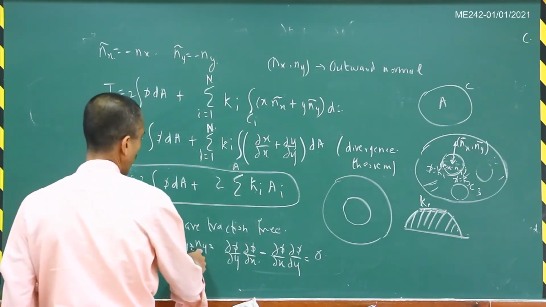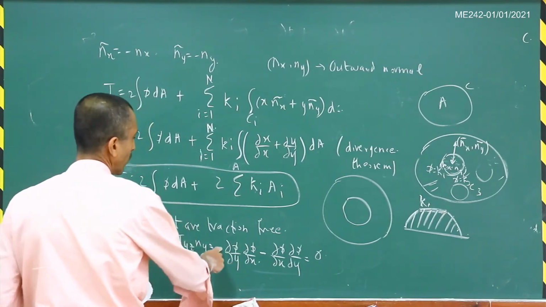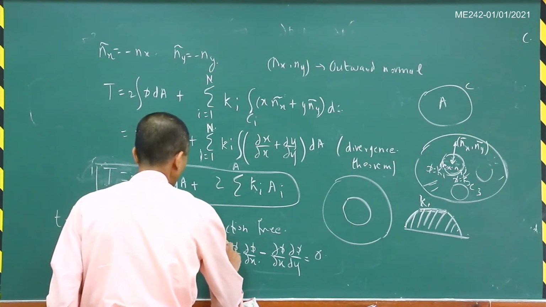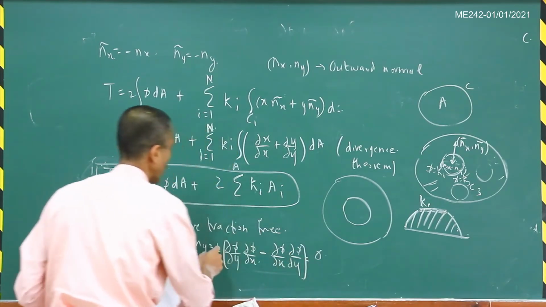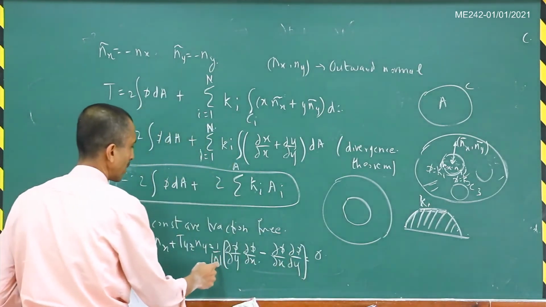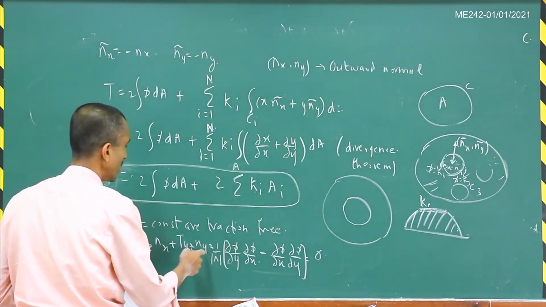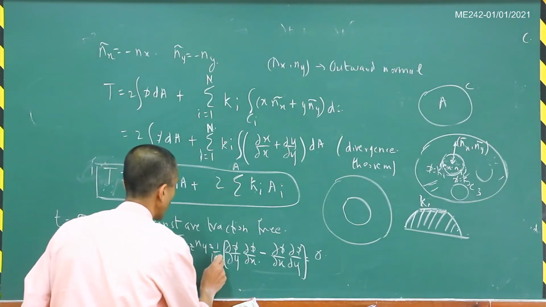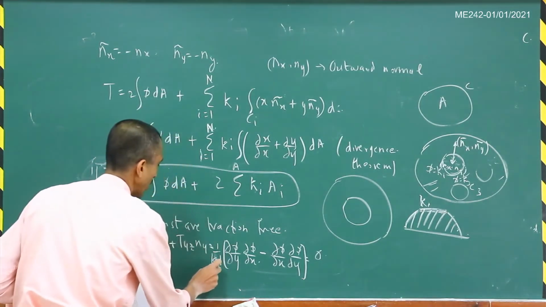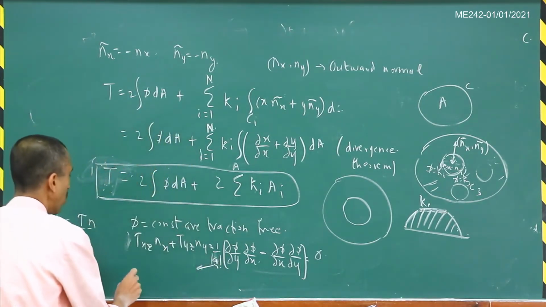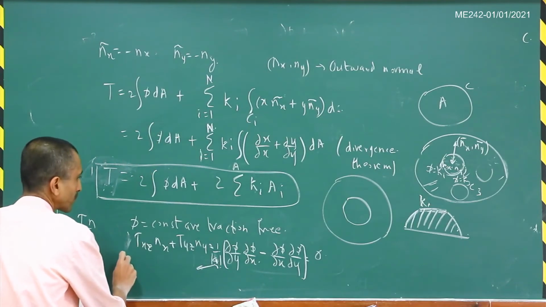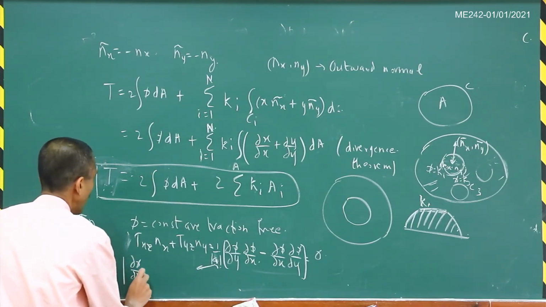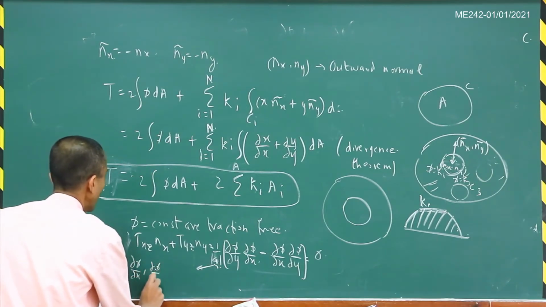Here actually you have to include one normalization factor. So this will be the norm of n. So this is actually the norm of the vector del phi by del x and del phi by del y.